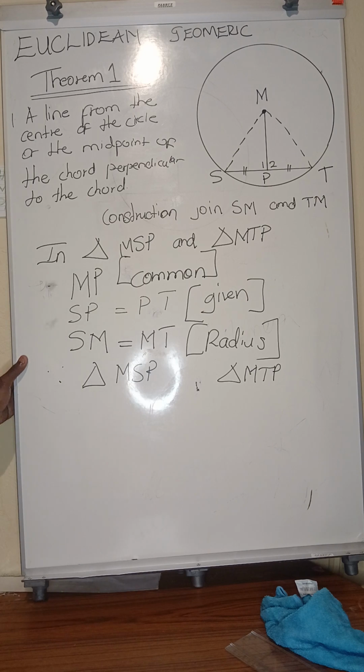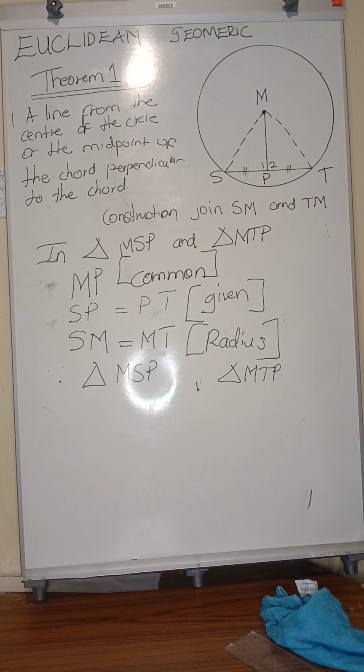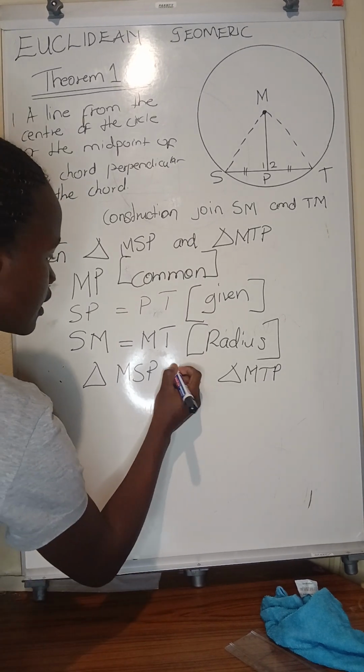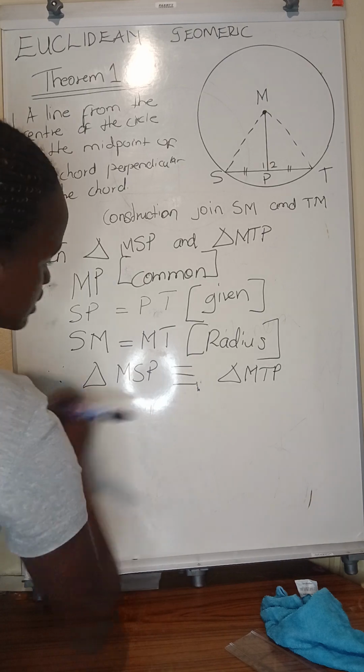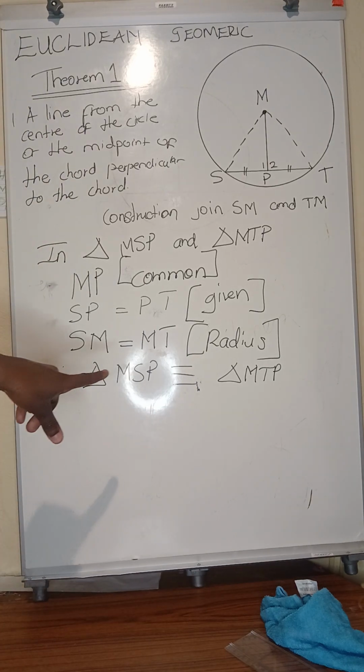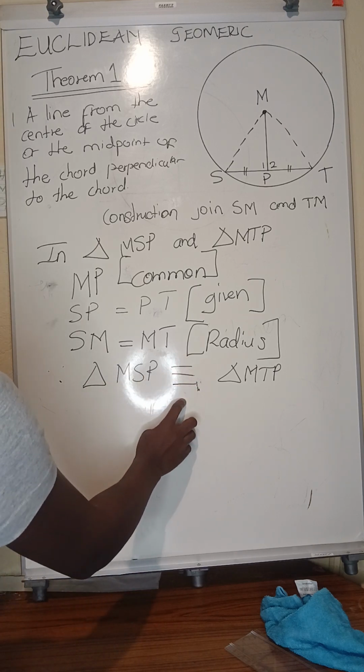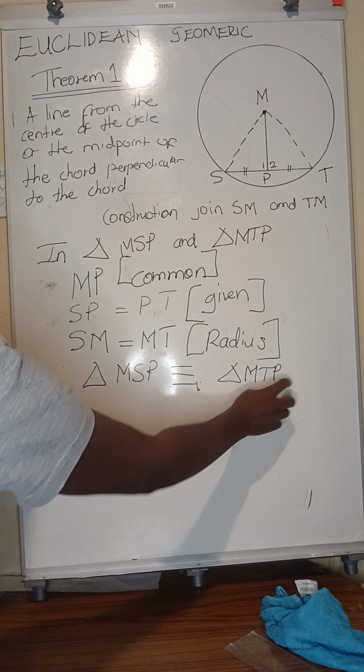You must be careful. Listen to me very attentively here. We are proving congruence here. These three lines mean congruent. Triangle MSP is congruent to MTP.